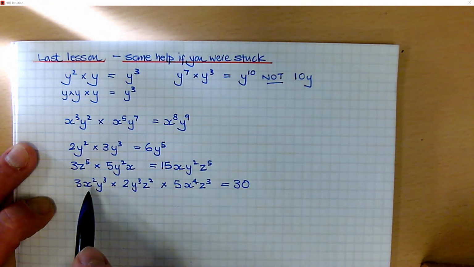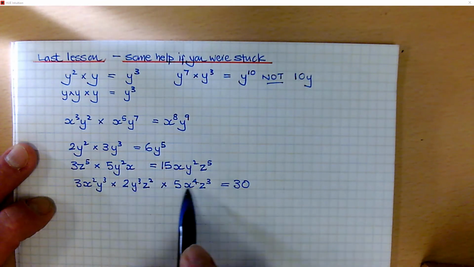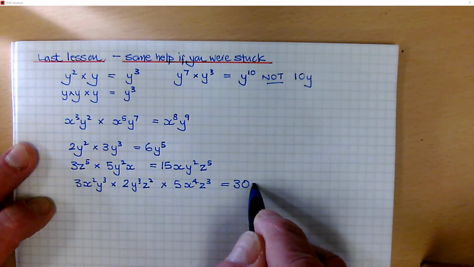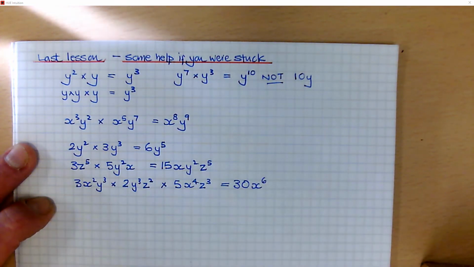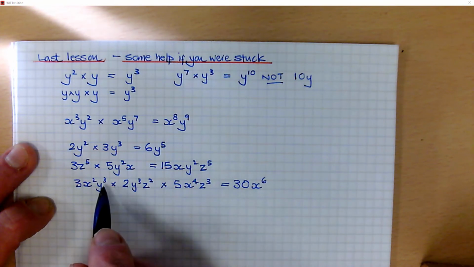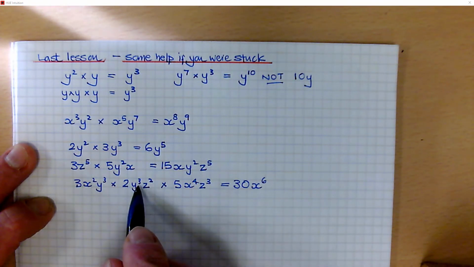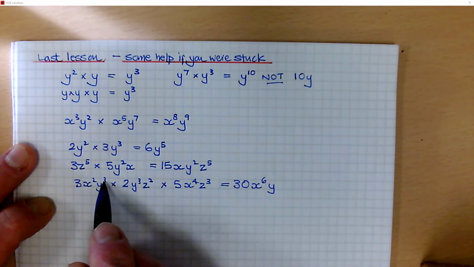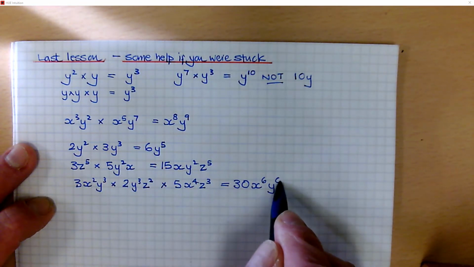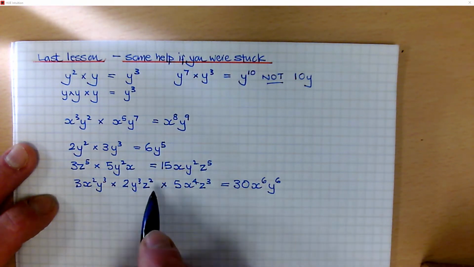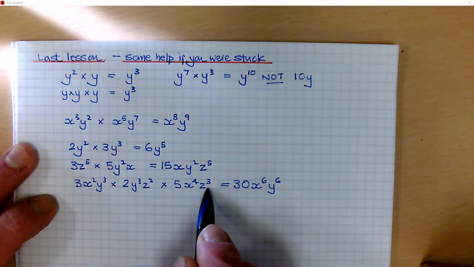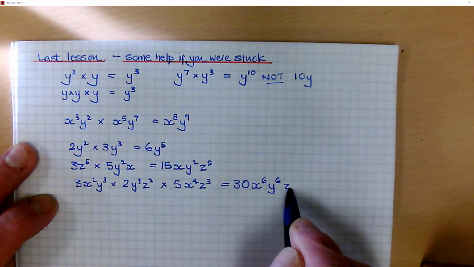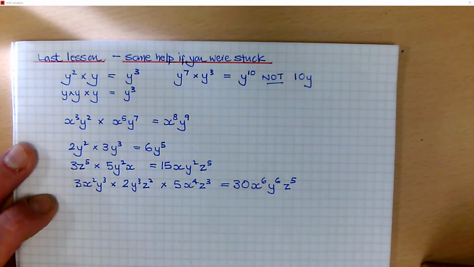What about the x's? X squared, there's no x's there, x to the power of 4. So 2 plus 4 is 6, x to the power of 6. Now the y's. Y cubed times y cubed, there's no y's here, so it's y to the power of 3 plus 3, 6. Finally, z squared times z cubed, there's no z's here, 2 plus 3 is 5, z to the power of 5.